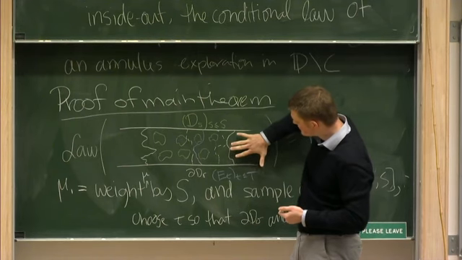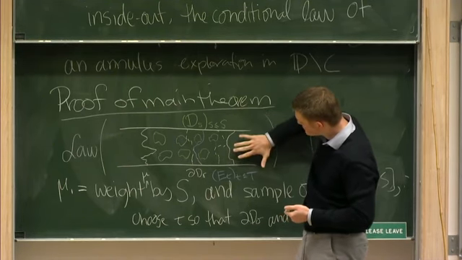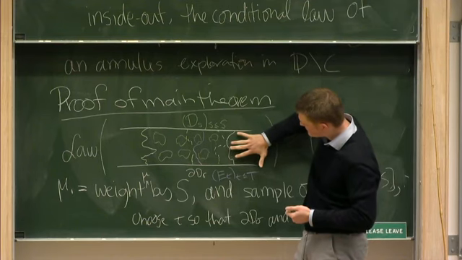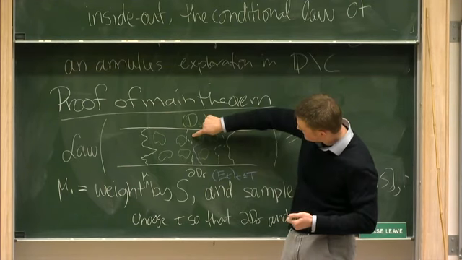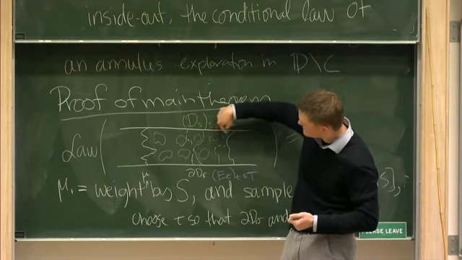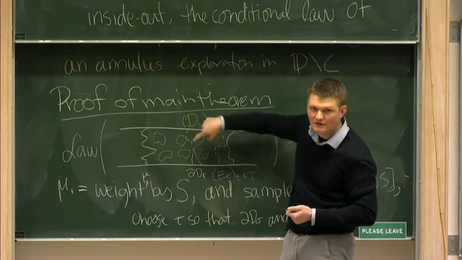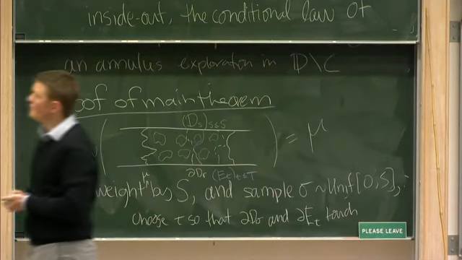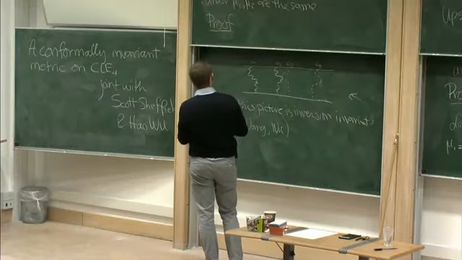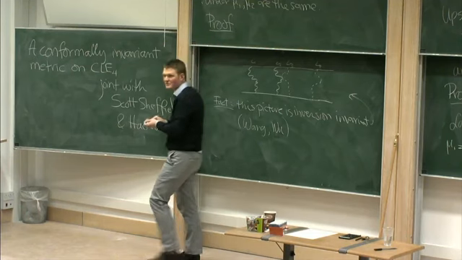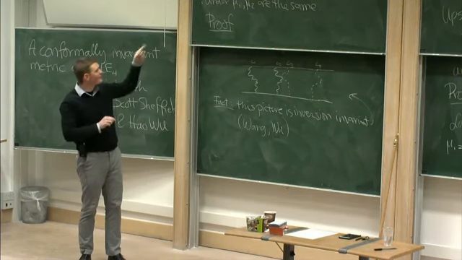So if we ask what's the law of the annulus exploration all the way to here, stopped upon hitting d sigma, what we get is just an annulus exploration in here. So that concludes the proof of that claim. Okay, I should have written more stuff, but that concludes the proof of that claim.